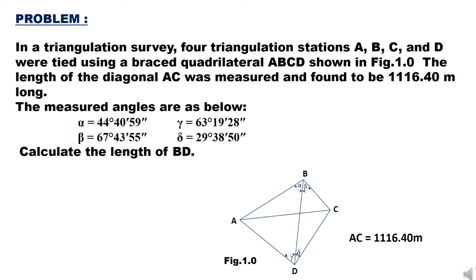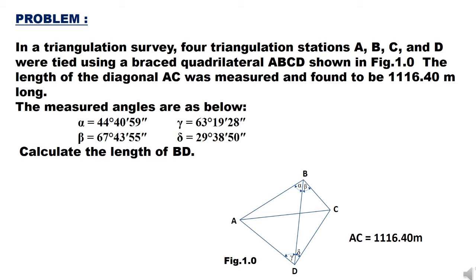The measured angles are as below: alpha equals 44 degree 40 minutes 59 seconds, beta equals 67 degree 43 minutes 55 seconds, gamma equals 63 degree 19 minutes 28 seconds, and delta equals 29 degree 38 minutes 50 seconds.